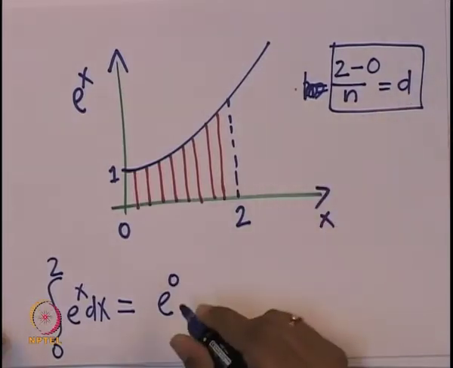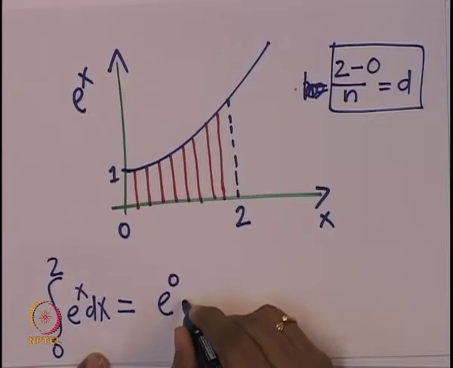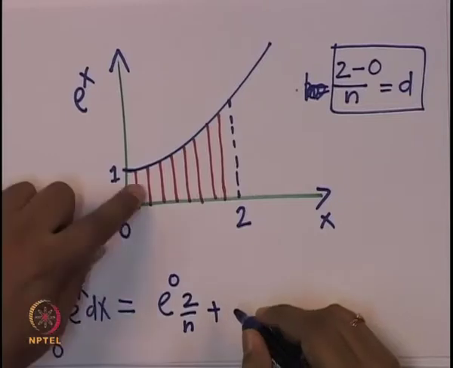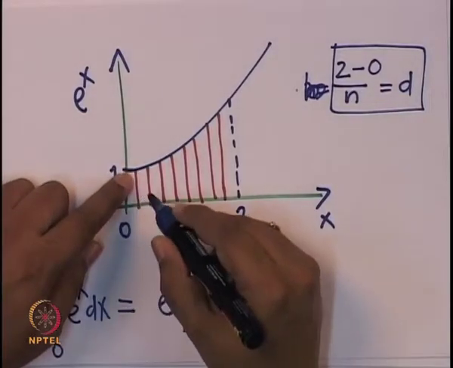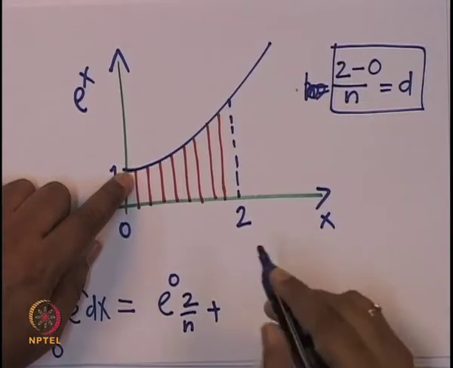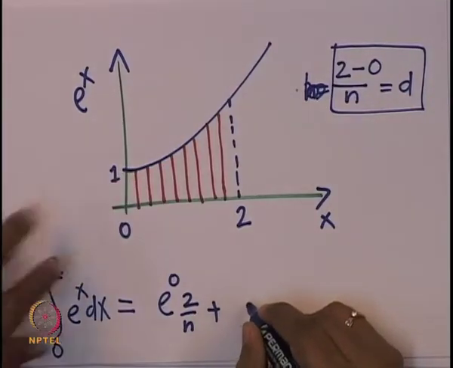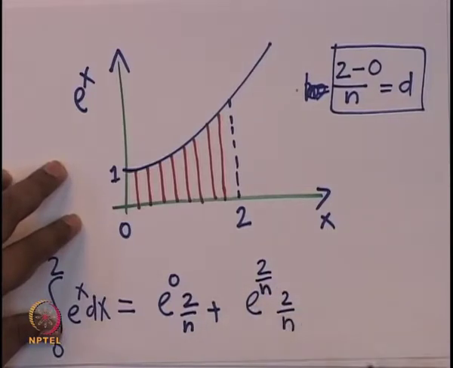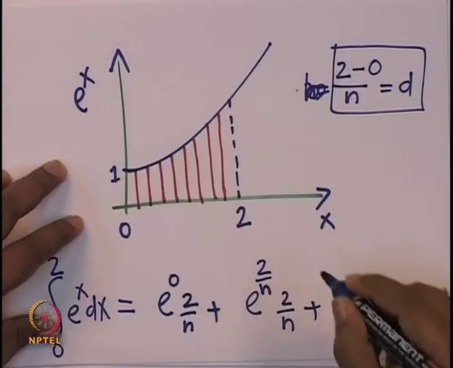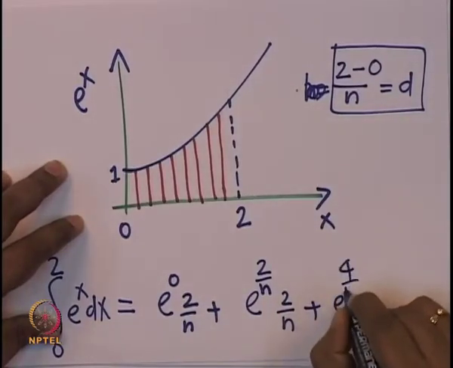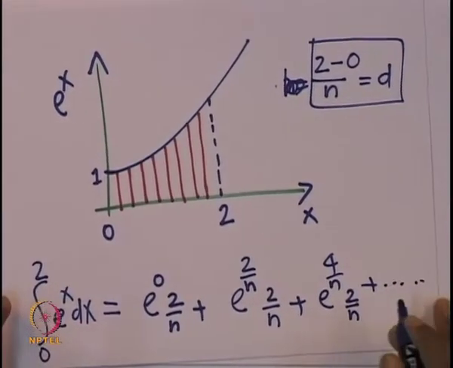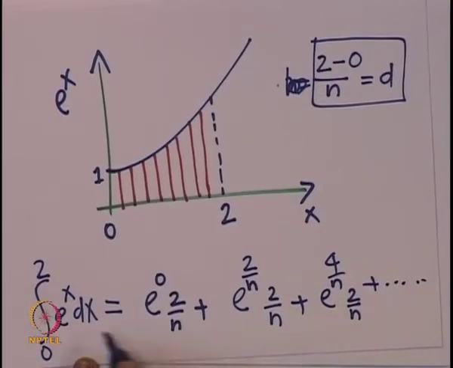So, e power 0 into 2 by n, plus, now the next part will be at 2 by n. So, this will be e power 2 by n into 2 by n, plus the next, at 4 by n, e power 4 by n into the width 2 by n, plus dot dot. If you do this sum for large n, n tending to infinity, you will get this.